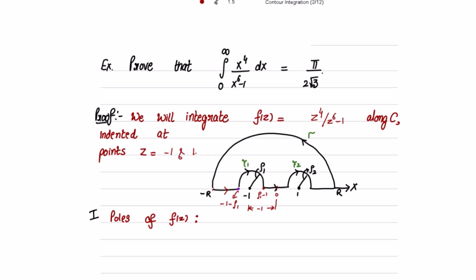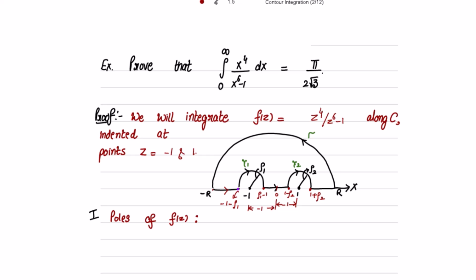Is it fine? Alright. So what point is this now? This complete distance is 1, from here to here. And this is 1 minus this rho 2. So this point will be 1 minus rho 2. And then this point will be 1 plus rho 2.